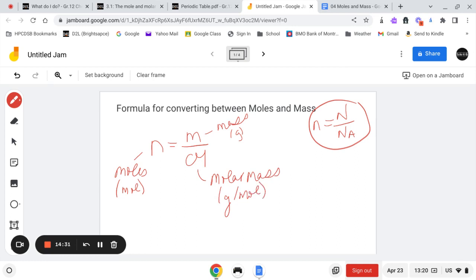Now I use a scripted m like that. You can use a scripted m. You could use 2 m's for molar mass. Either way is totally fine. But just notice here what's happening, right? You guys will always know the molar mass, okay? So we're going to write here, you can calculate this.